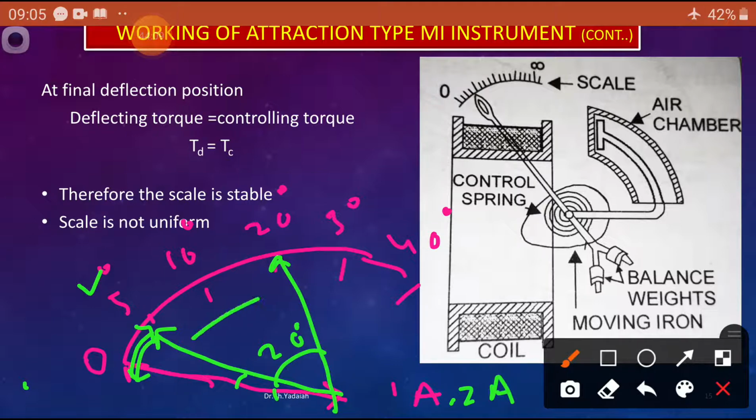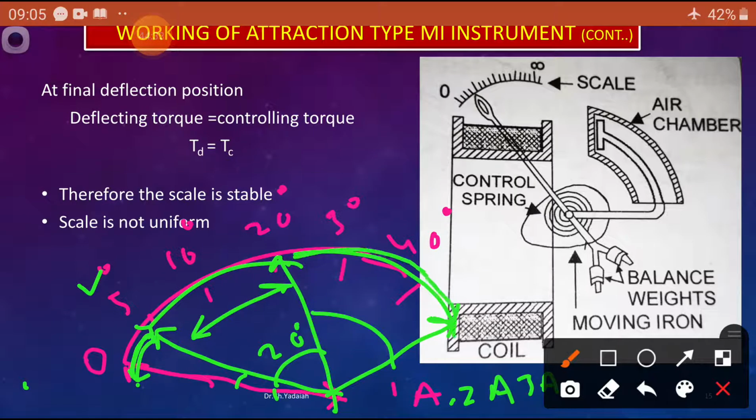Now you can see the length from this to this, 20. Now, 3 amperes, then what will happen? It goes to 45. See the angle, the arc also increased. Between this and 2 it is only 1 ampere, here also only 1 ampere, here also only 1 ampere, but the angle is changing. The angle is 5 degrees, 20 degrees, 45 degrees, and so on.